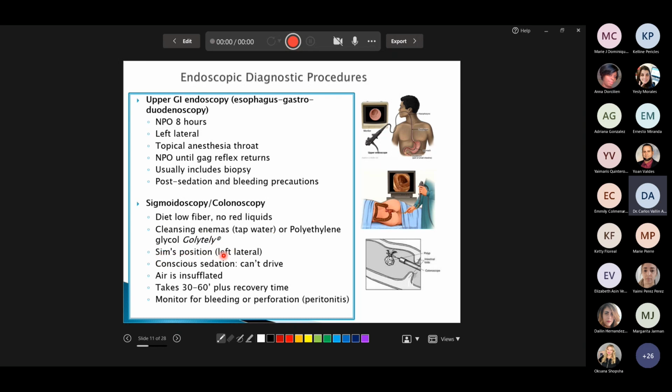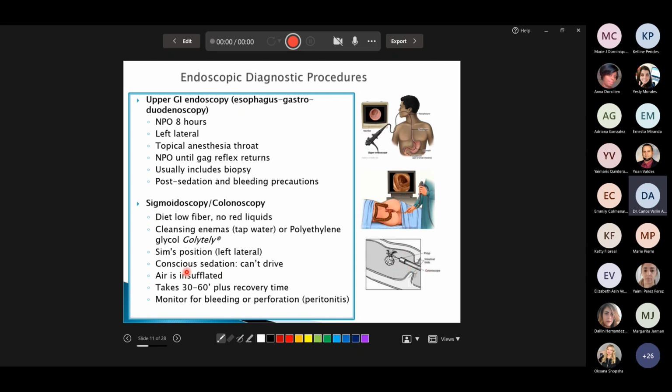Remember, the Sims position is also left lateral, but with the right leg flexed. The patient will have conscious sedation, okay? So the patient is on safety precautions, cannot drive, etc. And during the procedure, they are going to insufflate the colon with air.